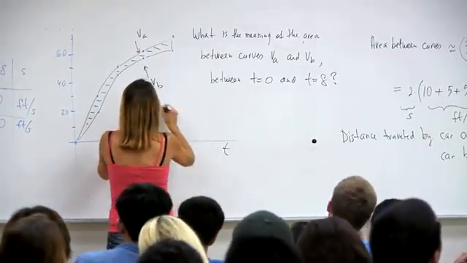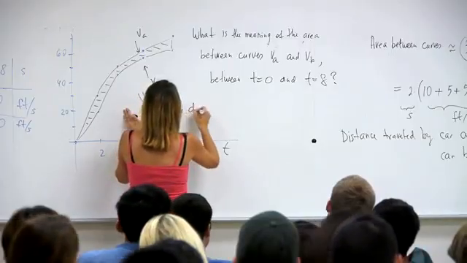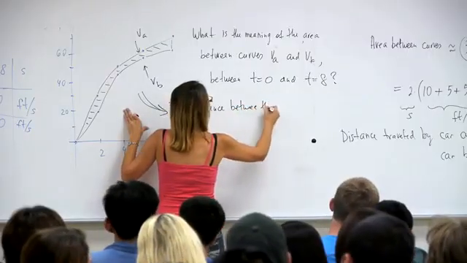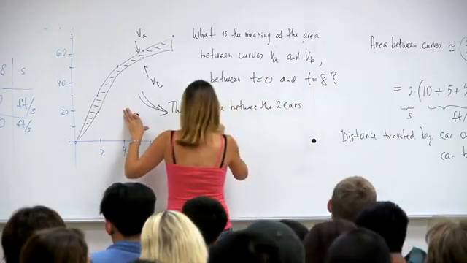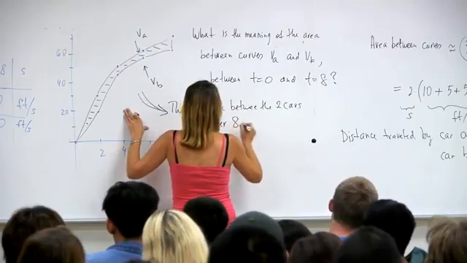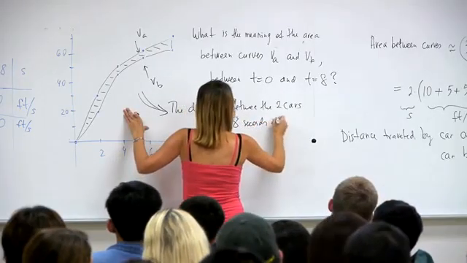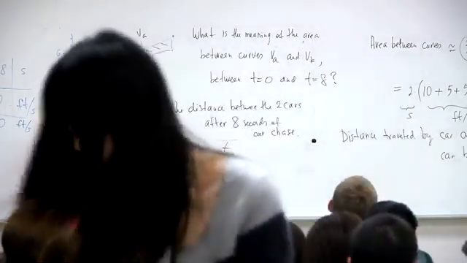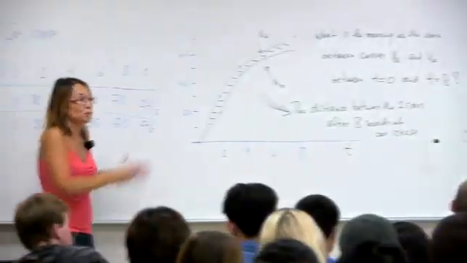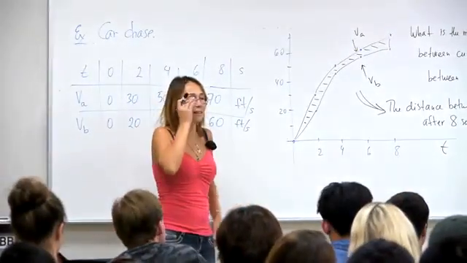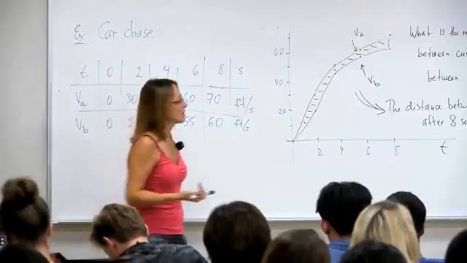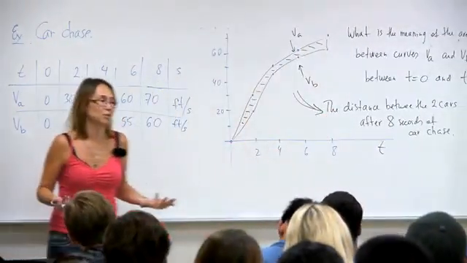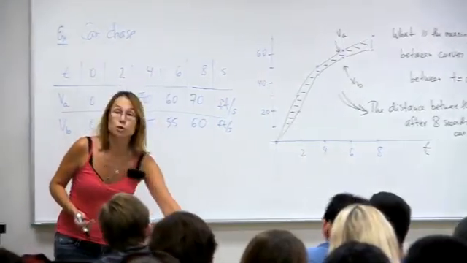So this is the distance between the 2 cars after 8 seconds of car chase. Okay, questions? So when interpreted in terms of velocities as a function of time, this integration, this area between curves, actually tells me the relative distance between the 2 moving objects.